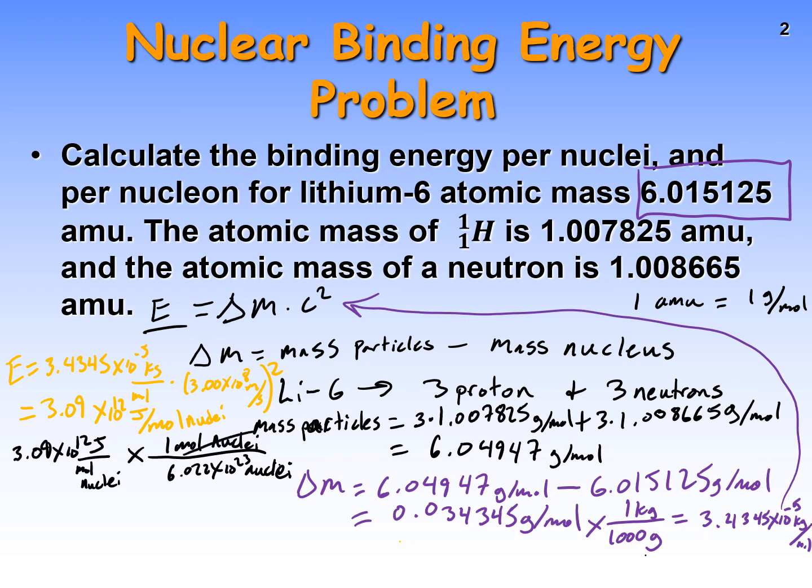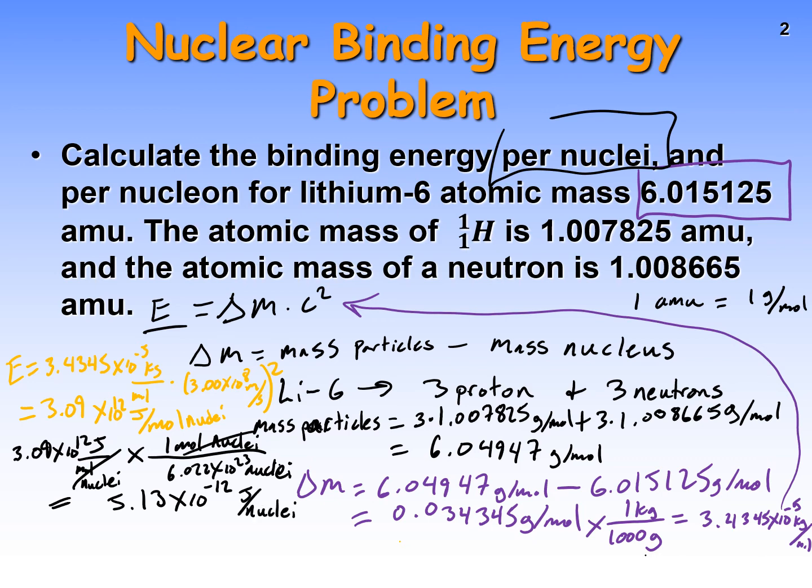So this effectively gets me out of moles and into just per nuclei, like the question asked for. It didn't ask for per mole of nuclei, it asked for it in per nuclei. So this will decrease the number significantly. We now have 5.13 times 10 to the negative 12 joules per nuclei.